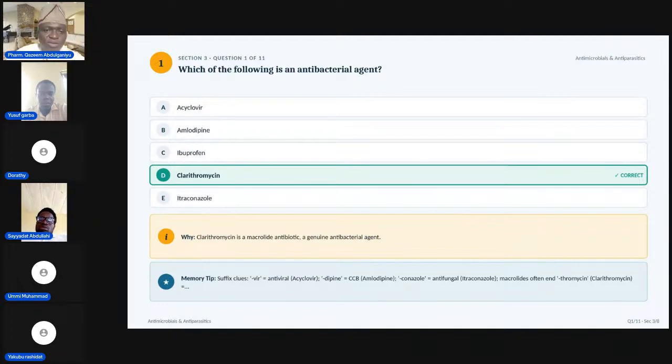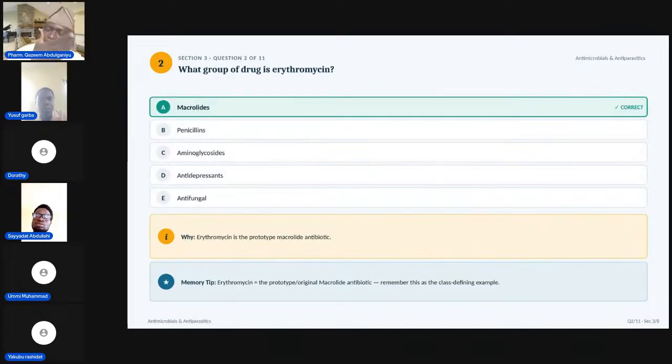So the next question: which group of drug is erythromycin? Erythromycin is an antibiotic, right? It belongs to a class called macrolides. Now, I want to add a twist so that you can understand how I can twist this question.